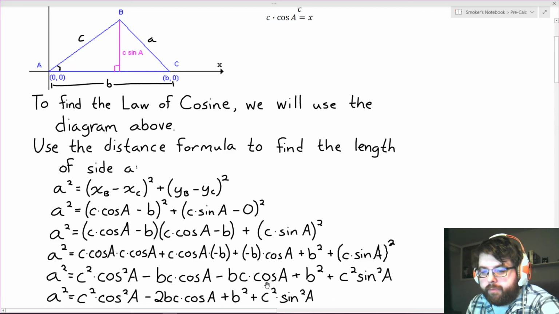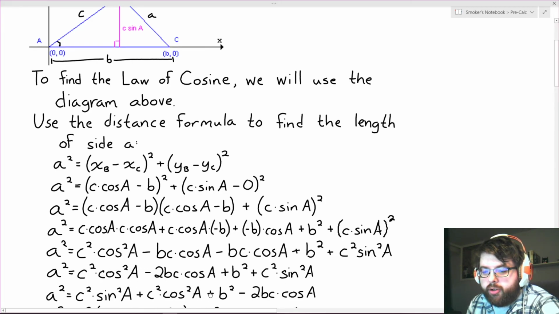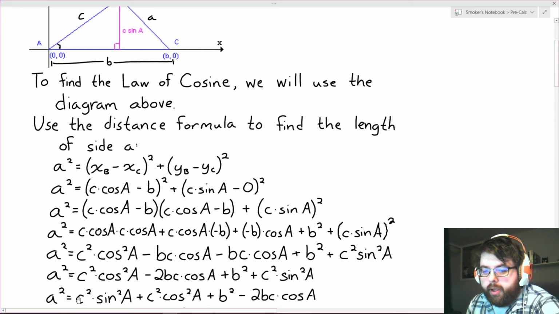Okay, not done yet, because I'm going to do some rearranging, because I notice something going on here with a sine squared and a cosine squared. So I'm going to group those together. I move the negative 2BC cosine A to the end, the B squared right in front of it, and then I'm putting C squared sine squared A plus C squared cosine squared A together.